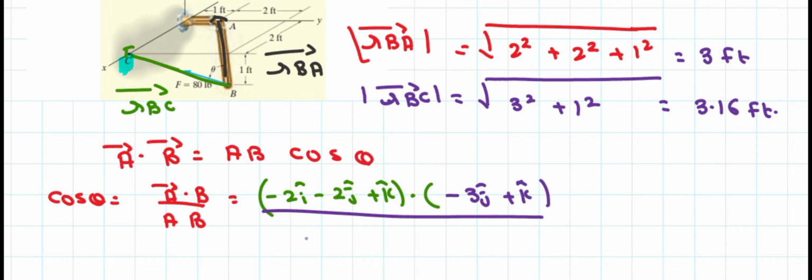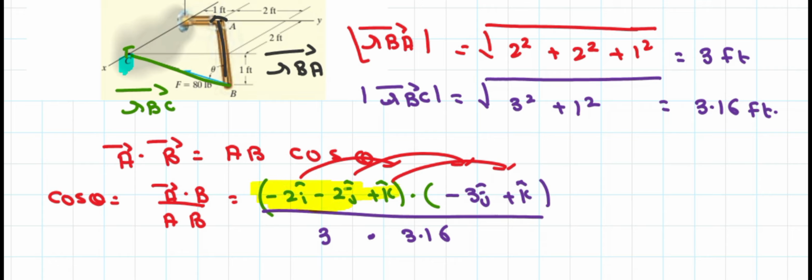In our case A is basically RBA, so the magnitude of RBA is 3, and the magnitude of RBC is 3.16. Similarly, multiply I with I, J with J, and K with K. In this expression there is a unit vector I present, but in the other expression, the green one, there is no unit vector I present.